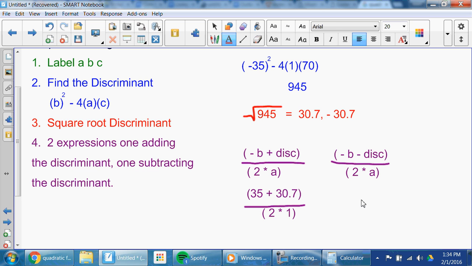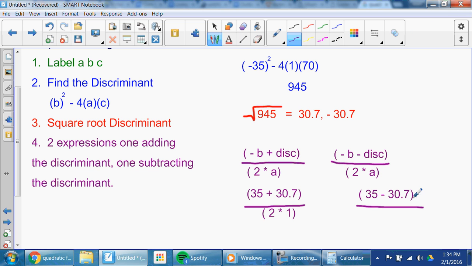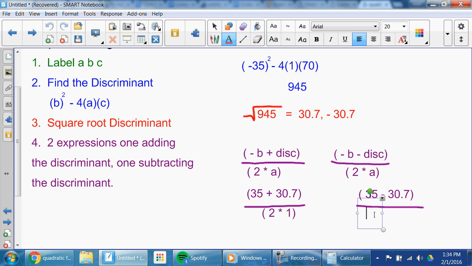So that's going to be one of my equations. The other equation is going to be 35 minus 30.7, and I'm going to divide that by 2 times 1. Now hopefully we know that 2 times 1 is 2, and that'll help us out a little bit.